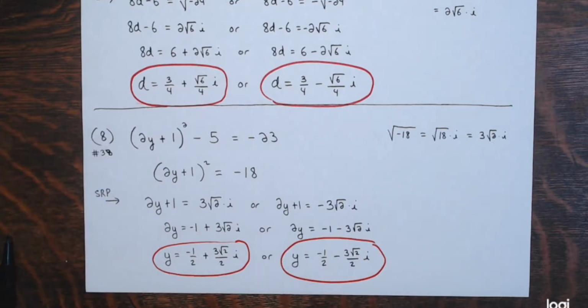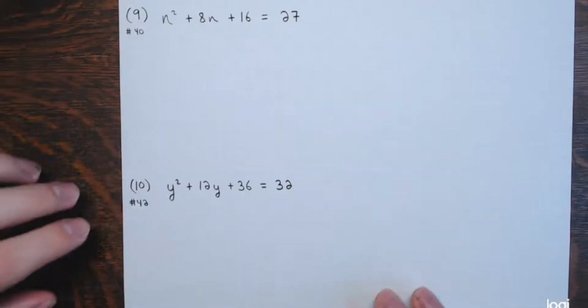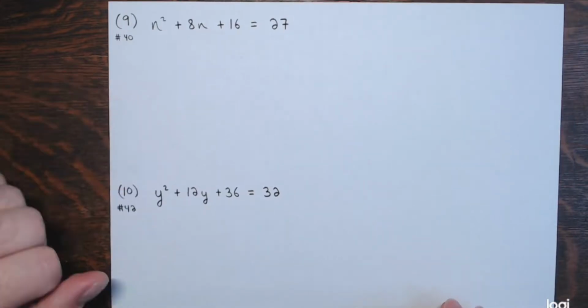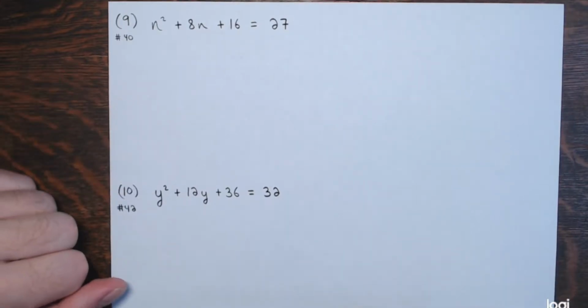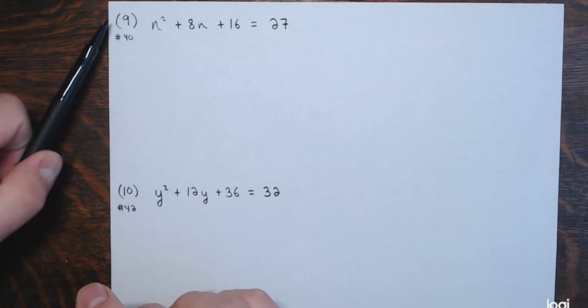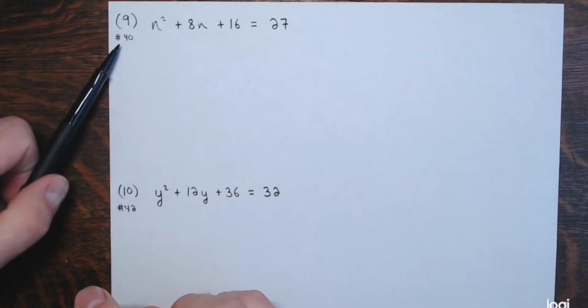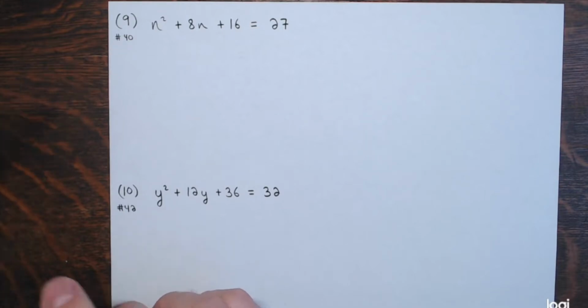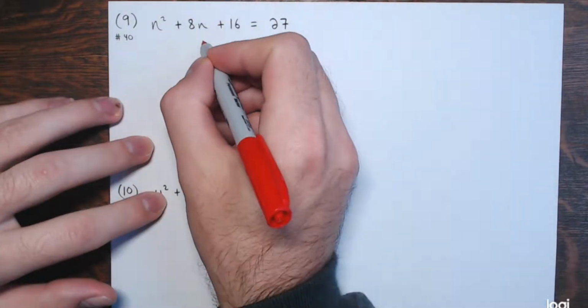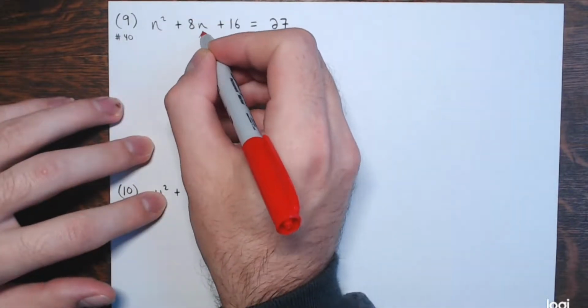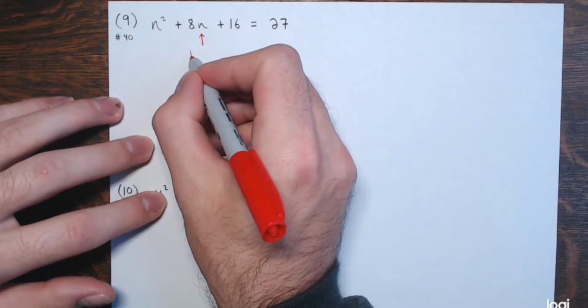Great. Alright. So now the next questions are a little trickier. Notice, so number 9, which is exercise 40 from the text. Notice that there is a variable outside the square.